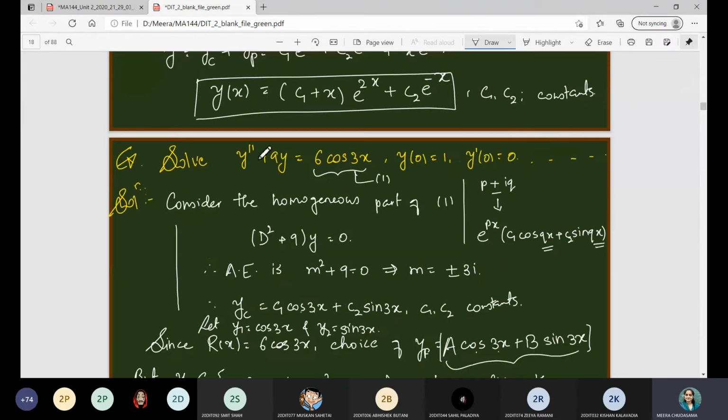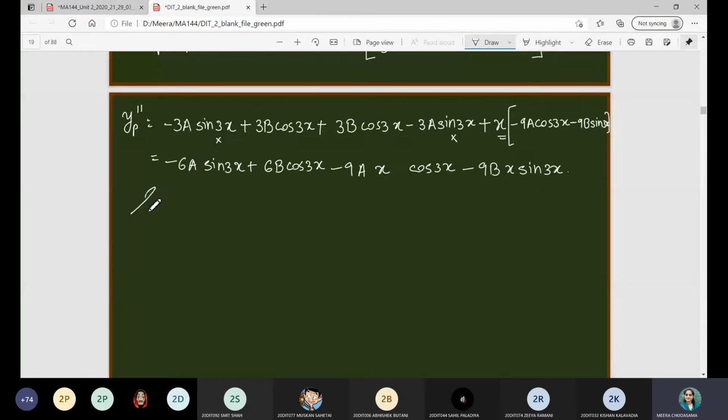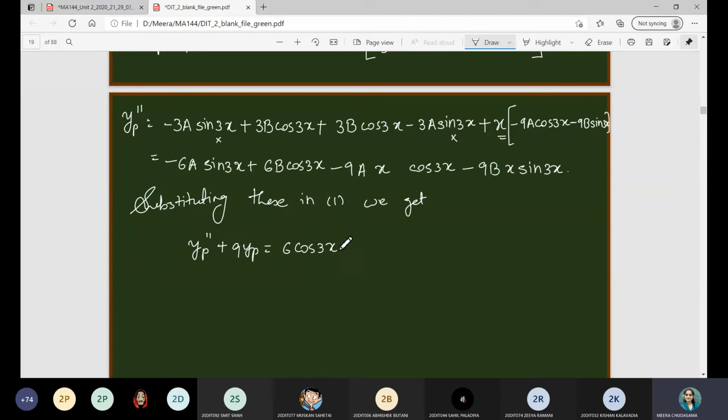Now we have to substitute in this equation, that is yp double dash plus 9yp, right? So substituting these in one, we get yp double dash plus 9yp is equal to 6 cos 3x.